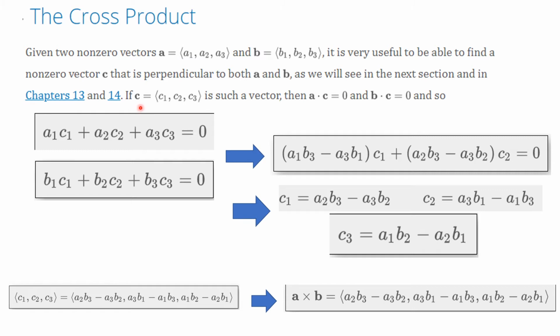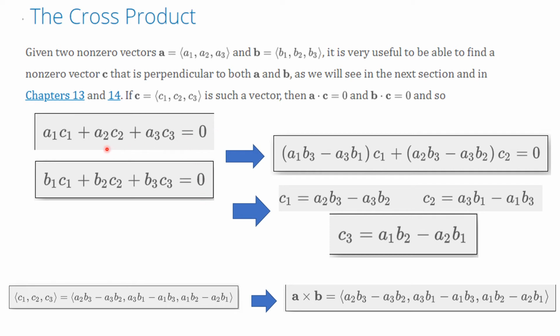Let C equal ⟨C1, C2, C3⟩. We insist that the dot product of C with A equals 0 and the dot product of B with C equals 0. So this is the dot product of A with C, and this is the dot product of B with C.